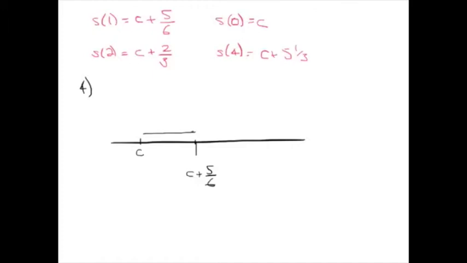It's then going to reverse direction at that, and it's going to come back to C plus 2 on 3. And the second it reverses again, it's going to reverse here. And then it's going to finish at C plus 5 1/3. So this is 0 seconds, 1, 2, 4.